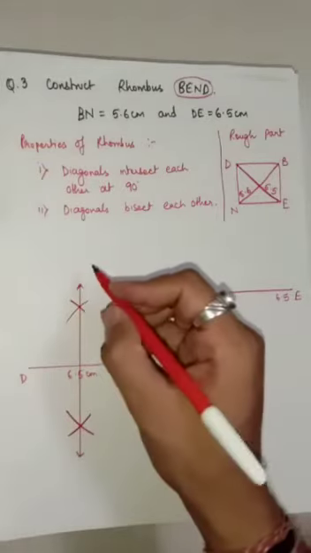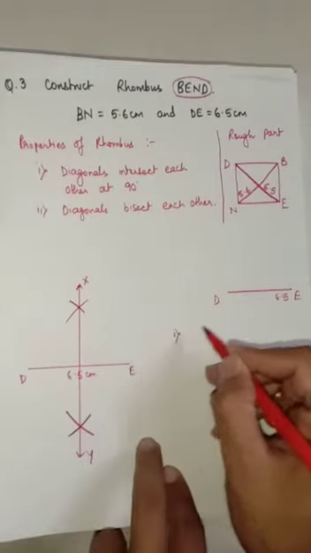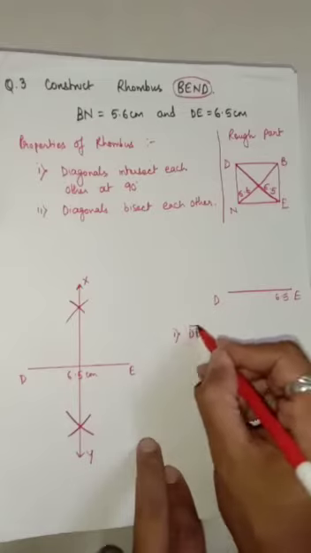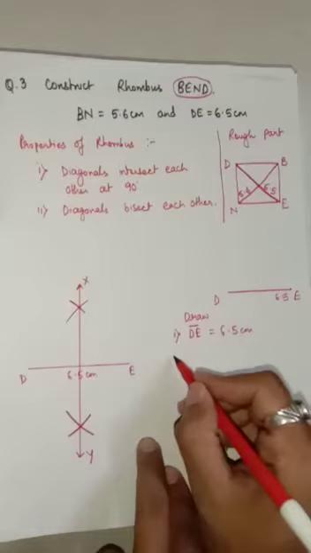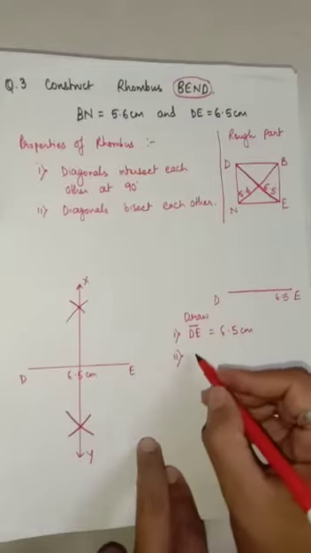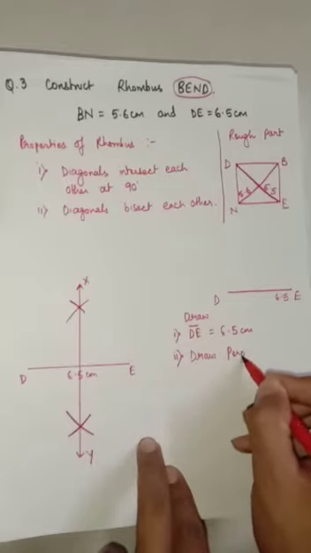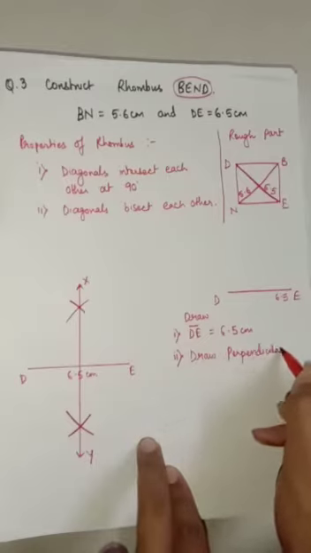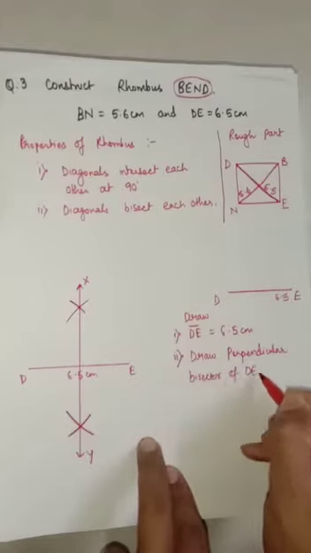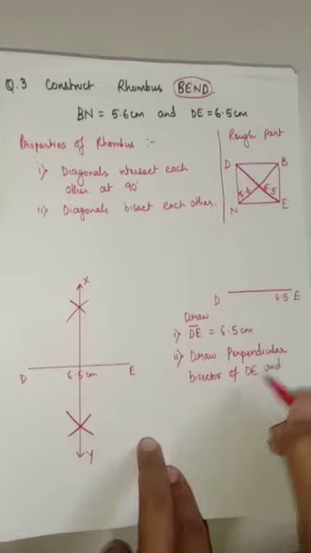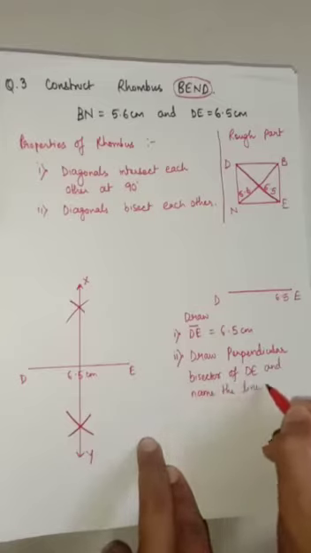This line I am naming as XY. The steps I am writing here: first draw DE equal to 6.5 centimeter. Then draw the perpendicular bisector of DE and name the line as XY.